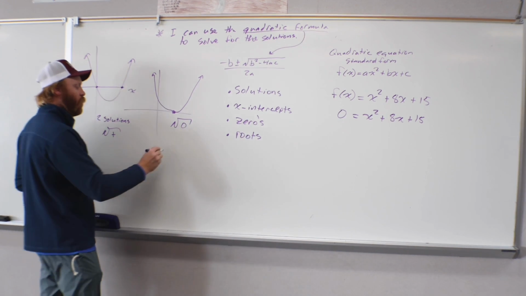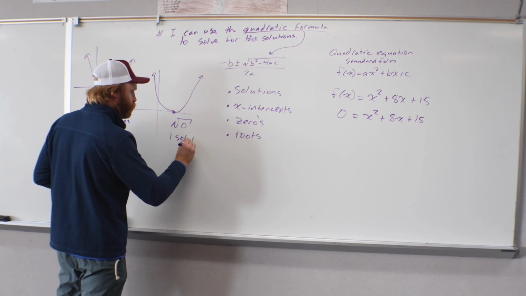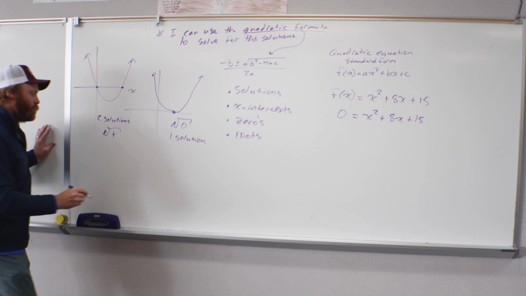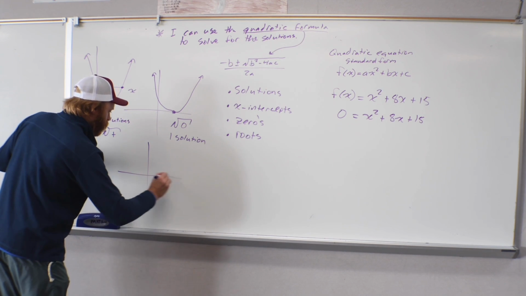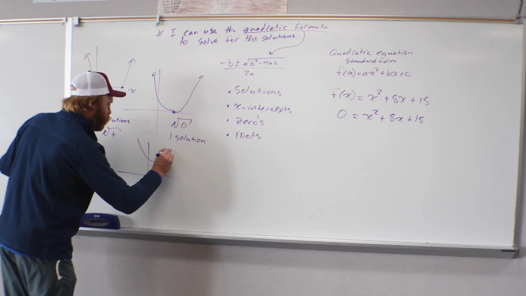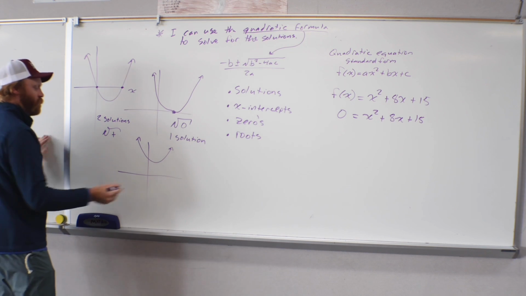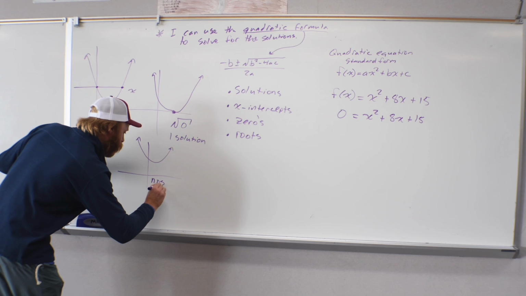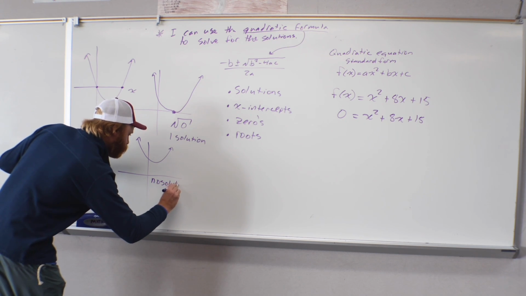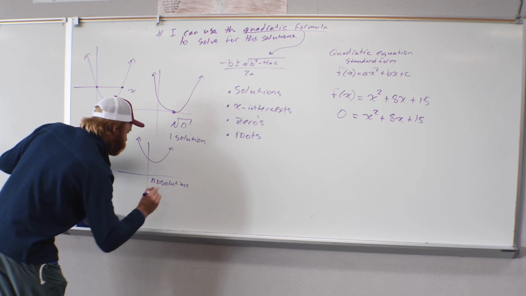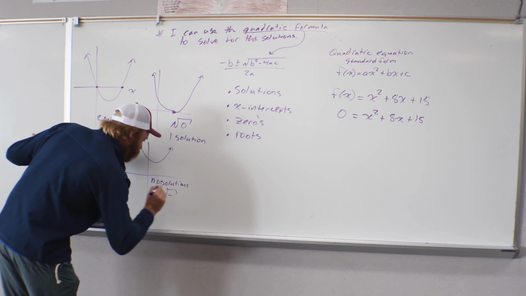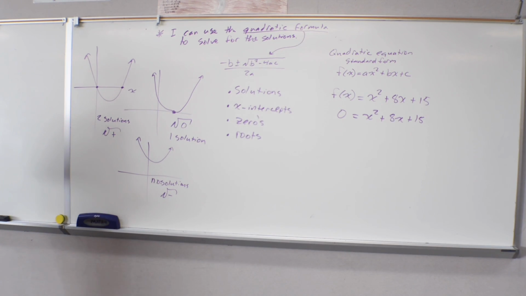And here we're going to have one solution. And then the third option is if our parabola doesn't cross the x-axis at all, we have no solutions. And this is the case where the discriminant is a negative number.